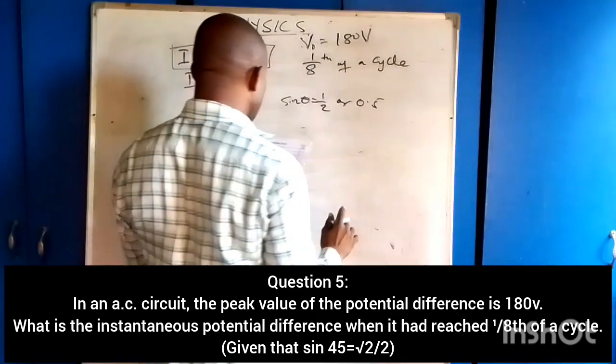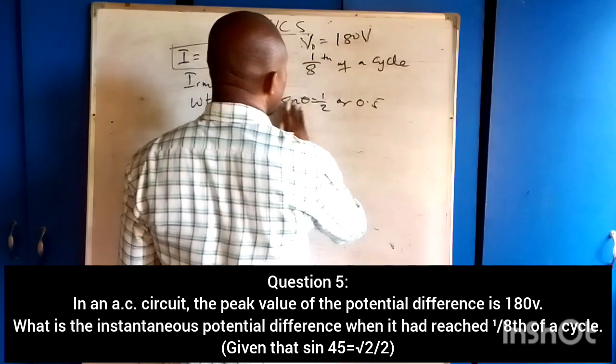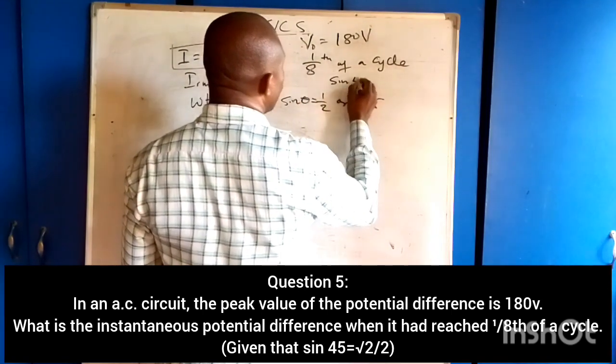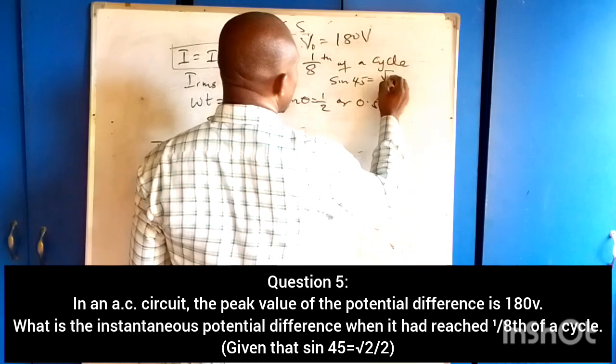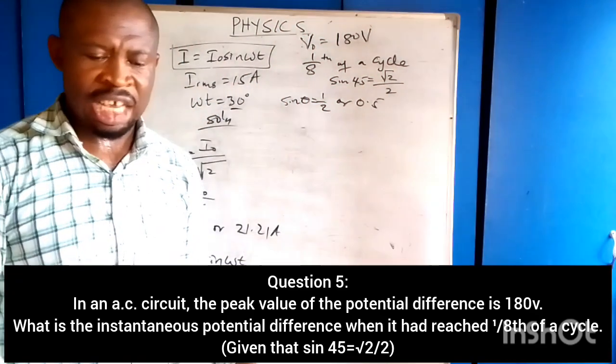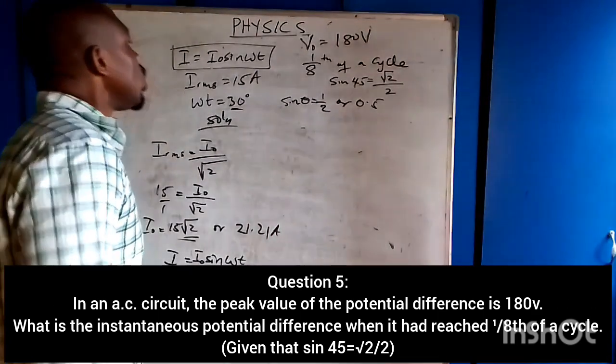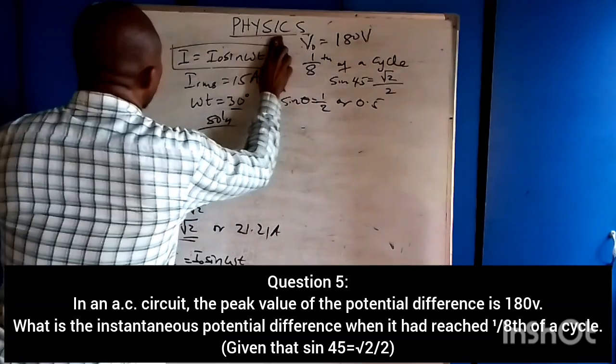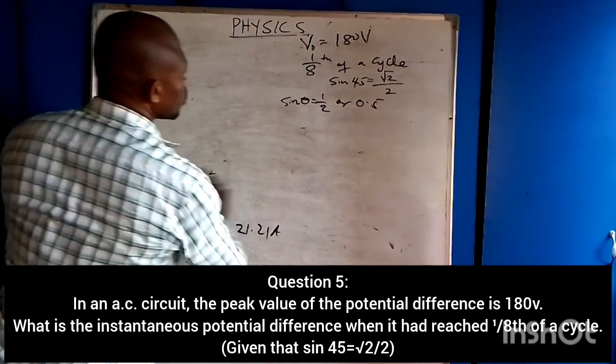Now, given that sine 45 is square root of 2 all over 2. So this is what is given to us. All we need to do is to solve through.